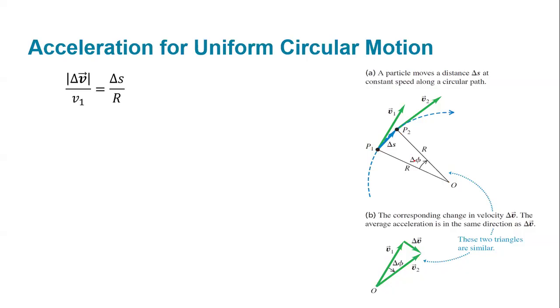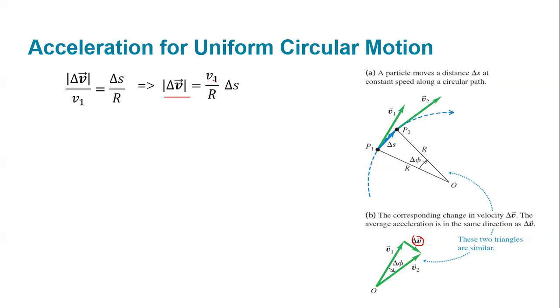So if you look at the figure, the ratio of the magnitude of the change of your particle's velocity over v1 is just equal to the ratio of delta s over the radius. Or you can equate this to get delta v, the magnitude of your change of velocity.